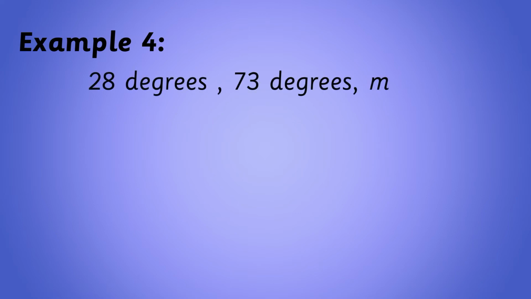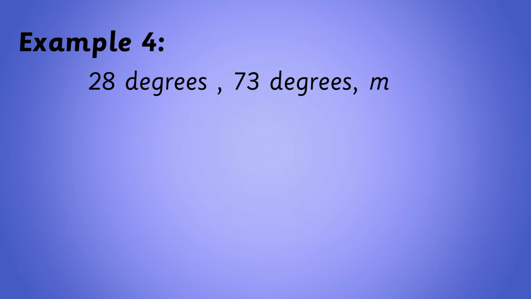Let's look at the last example before we move to our pop quiz. We have 28 degrees, 73 degrees, and m. Let's find m. Now, because it's not only 2, it's now 3, and the one we're going to find is m.